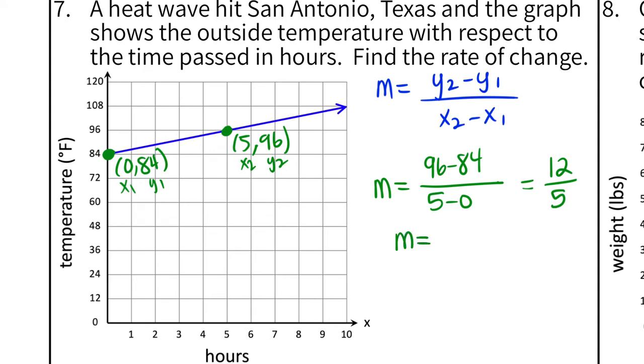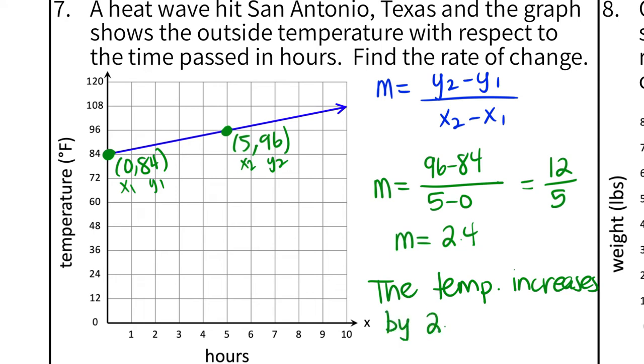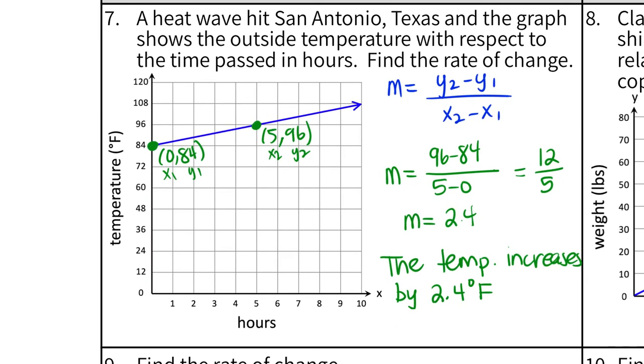And this is 2.4. So we would say the temperature increases by 2.4 degrees Fahrenheit. So always do the y's. Since y is on top, you do y first when you're writing it. So degrees Fahrenheit per hour.